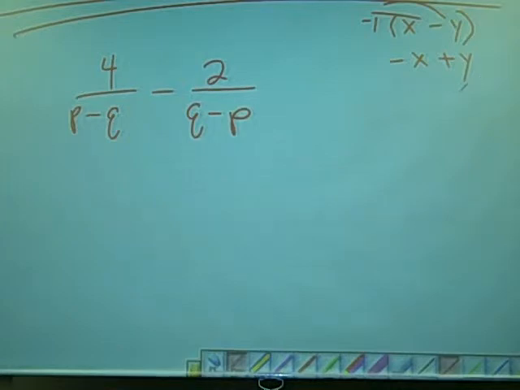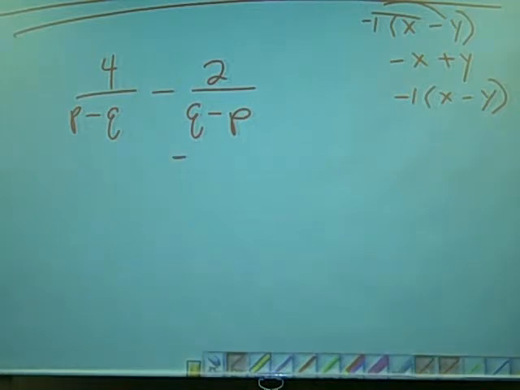So we factored a -1 out, we changed the signs just like when we distributed -1 in, we changed the signs. So we can change the signs here by factoring a -1 out, and so that makes that Q from a positive to a negative.